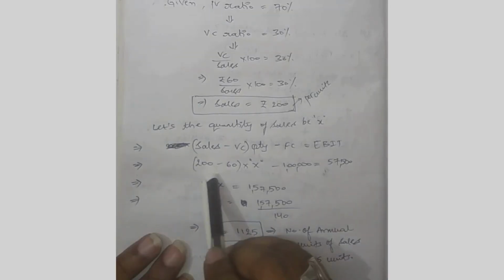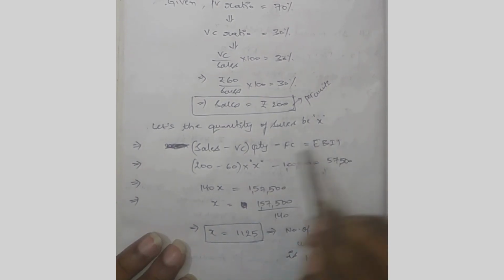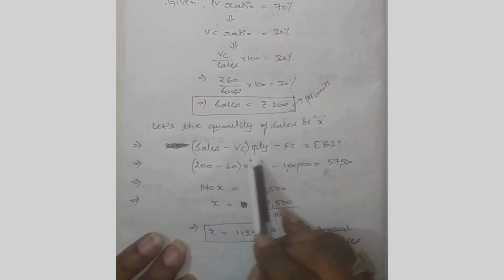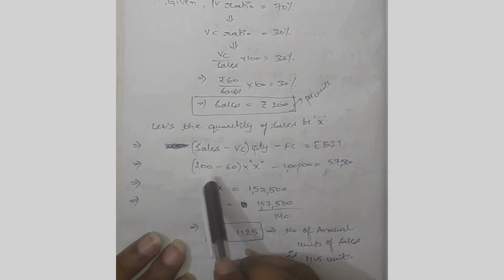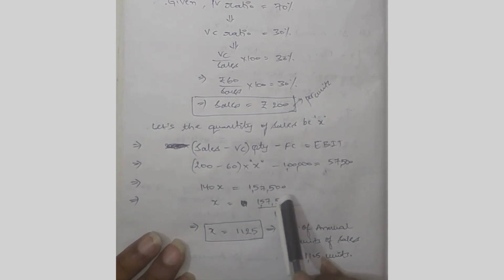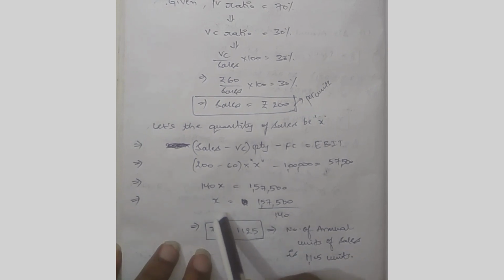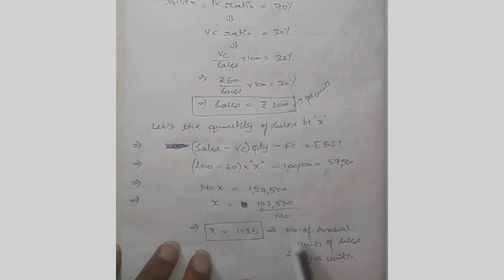After subtracting the fixed cost from the total contribution, it will give us EBIT. We don't know the quantity here, but we know the fixed cost, the EBIT, the sales and the variable cost. So let the quantity be X. If we solve the equation by substituting all the known values, it will be 140x equals 157,500 rupees. That gives x equals 1125 units. That is, the number of units of sales is 1125 units.